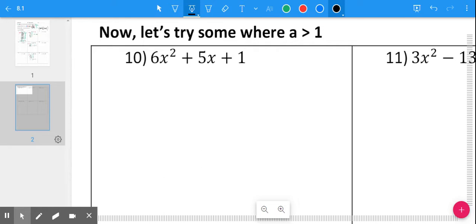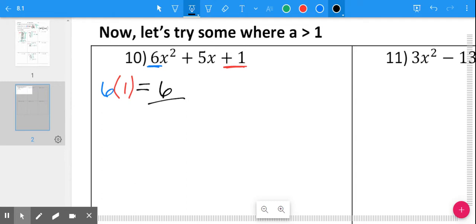So with these that have an a value larger than 1, you still start it the same way. A is 6, C is 1, 6 multiplied by 1 is 6.